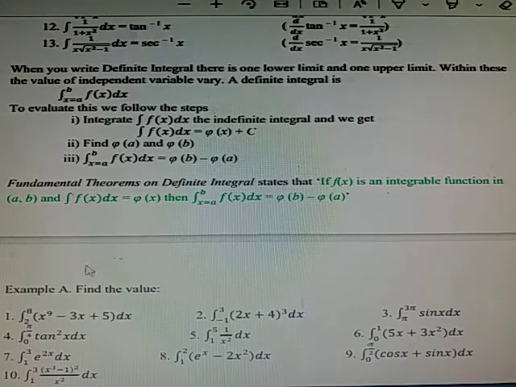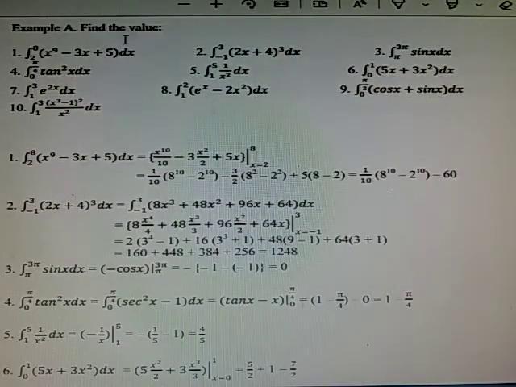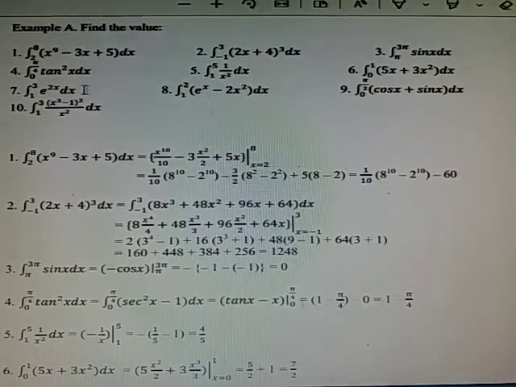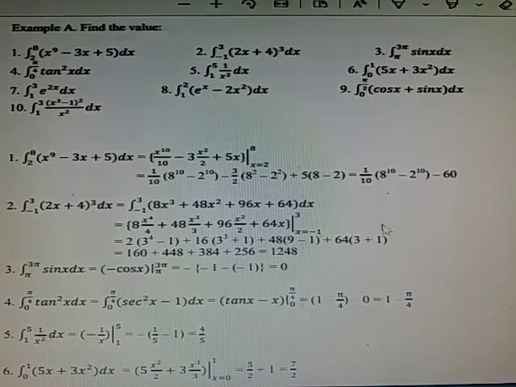Now let us see how to find it. These are examples.